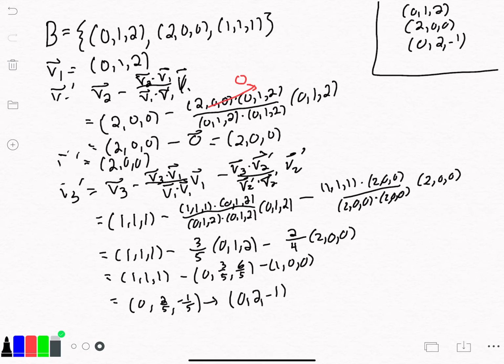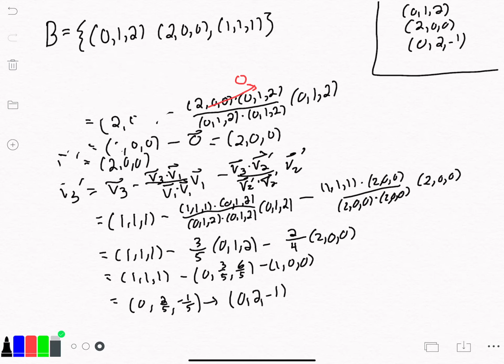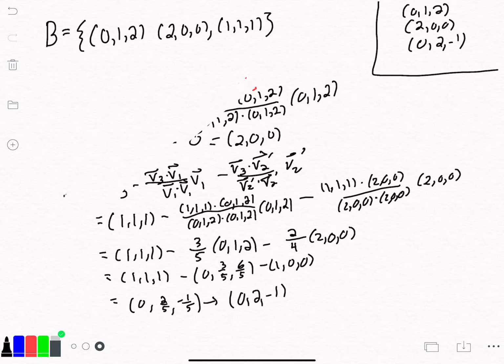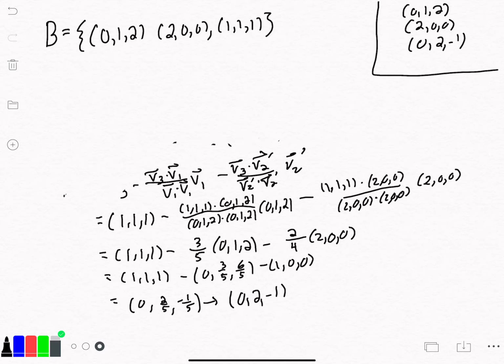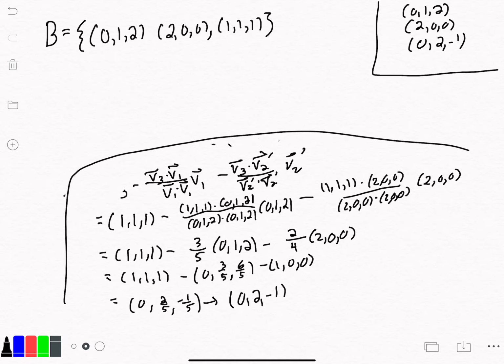There's always the last step where you make them unit vectors. It's easy to forget that on the test, so please don't do that. So I'll just make myself some room here. So again, the last step is just to take that and make them all unit vectors.